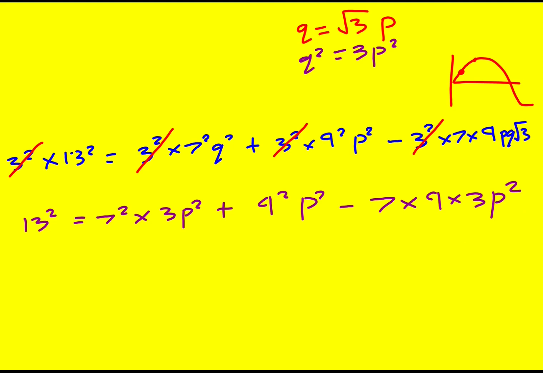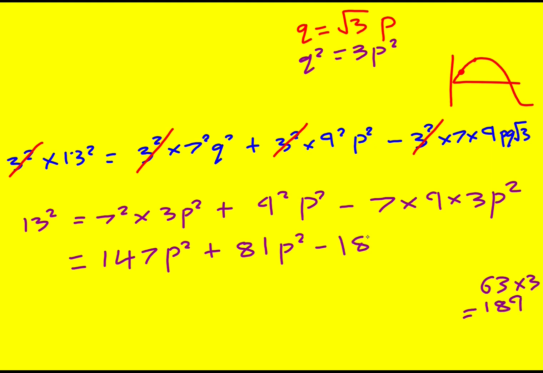Okay, I can't really avoid figuring this out now, so I'm going to have 49 times 3, that's 147 p squared, plus 81 p squared minus 63 times 3, that's going to give 189. I'll just leave it as 13 squared for the moment.